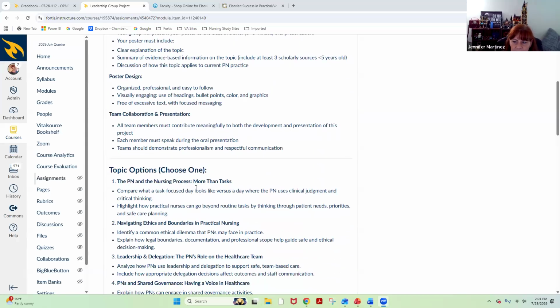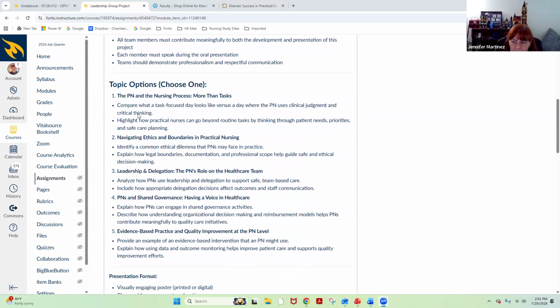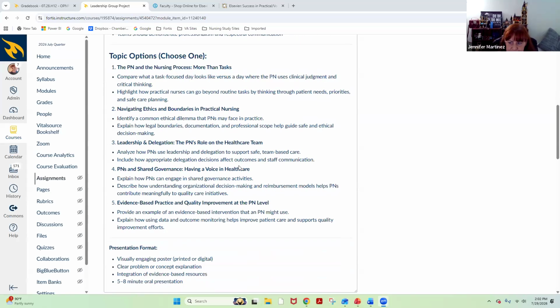Whatever the topic is, I'm just going to use the PN in the nursing process as an example. Compare what a task-focused day looks like versus where the PN uses clinical judgment and clinical thinking, and then highlight how practical nurses can go beyond routine tasks by thinking through patient needs, priorities, and safe care planning. So however many slides you need to do that.